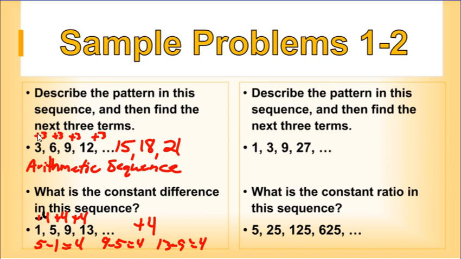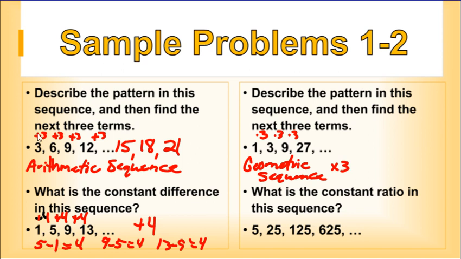So what if I did times 3? 1 times 3 is 3. 3 times 3 is 9. 9 times 3 is 27. So this is a geometric sequence, because I'm multiplying by 3 each time.